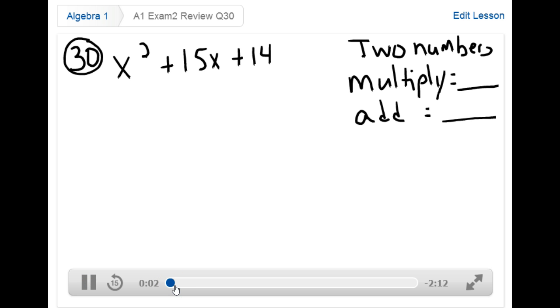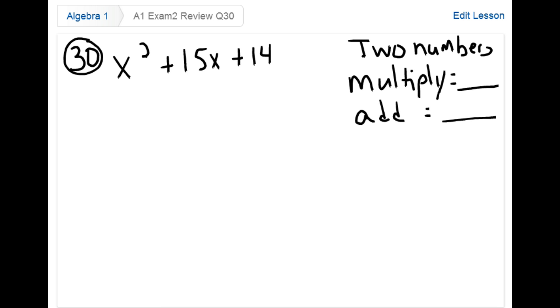Question 30. Factor the trinomial x squared plus 15x plus 14. With these trinomials, remember we need two numbers that when you multiply them together, they equal 14, and when you add them together, they equal 15.